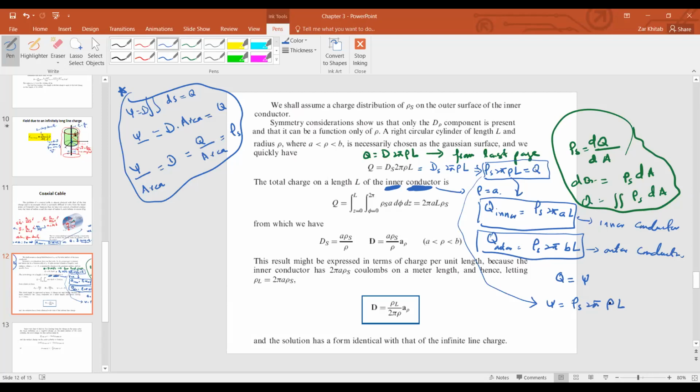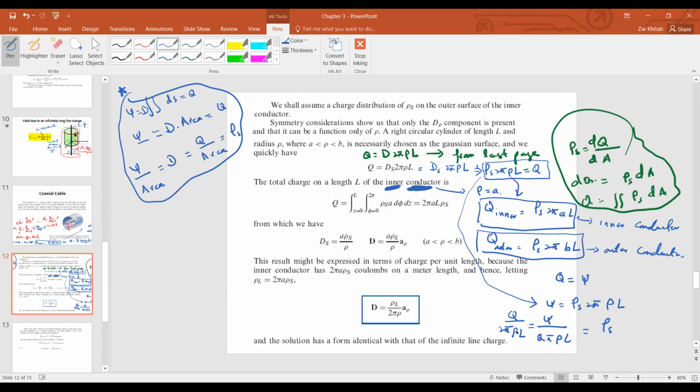Or you say psi divided by 2 pi rho l equals rho s, which equals charge divided by 2 pi rho l. Okay, so you have all these equations.